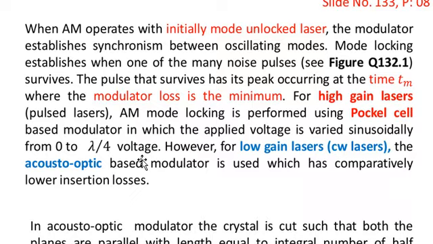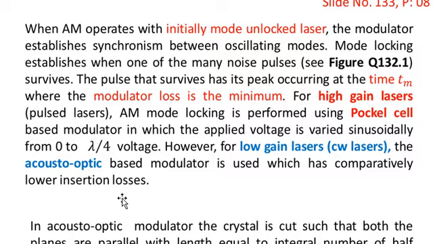Because you see that the sinusoidal oscillation will occur, and this sinusoidal oscillation, which I have explained, is represented by 2 gamma as a function of time, as shown in figure 1 parts A, B and C. However, for low gain lasers, for example continuous wave lasers, the acousto-optic based modulator is used, which has comparatively lower insertion losses.